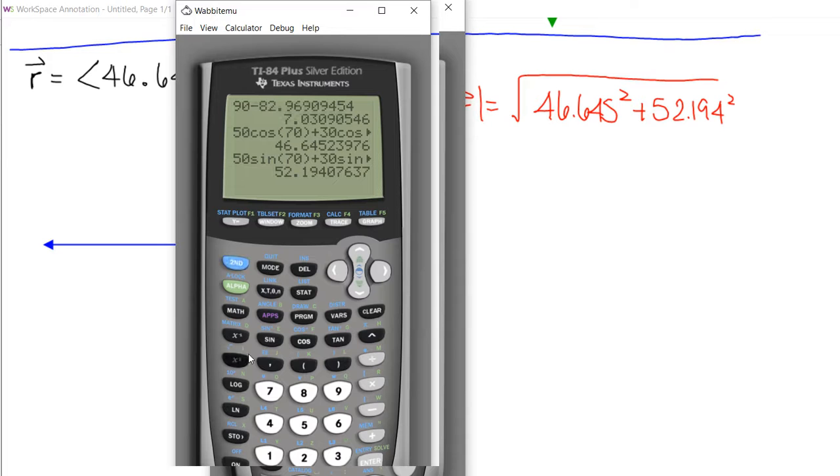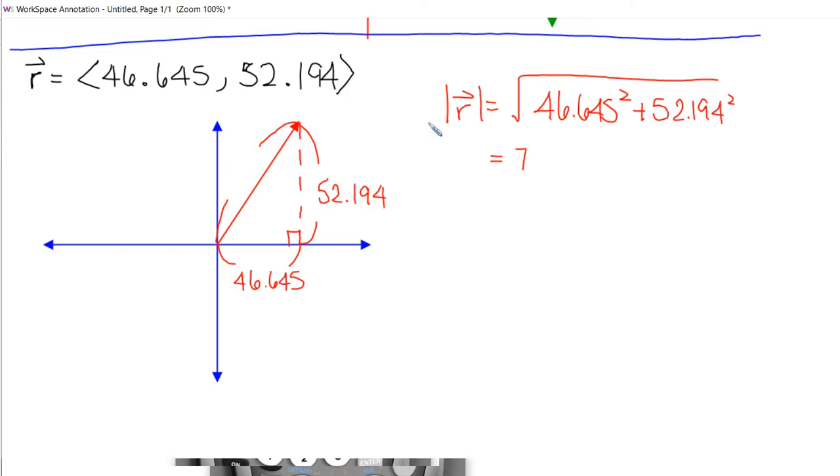The square root of 46.645 squared plus 52.194 squared, which would be 69.999. It rounds up, so I'm just going to go ahead and put 70.000. That's how long this thing is, right? 70. Now let's go and find our theta.